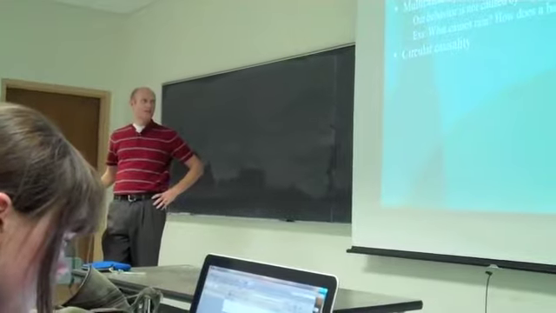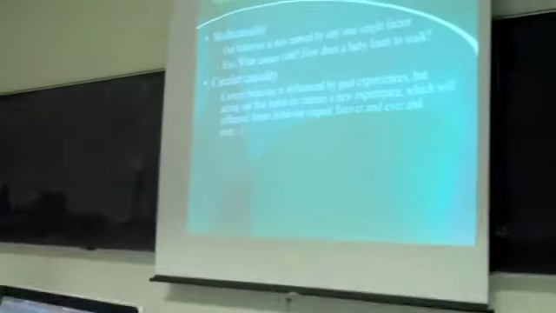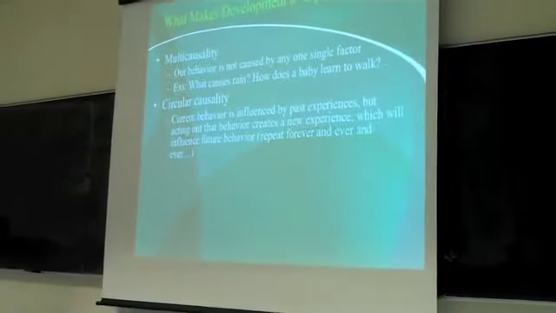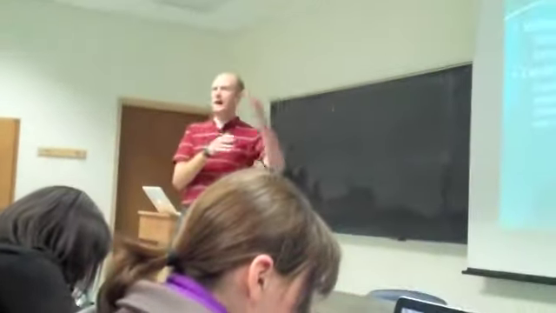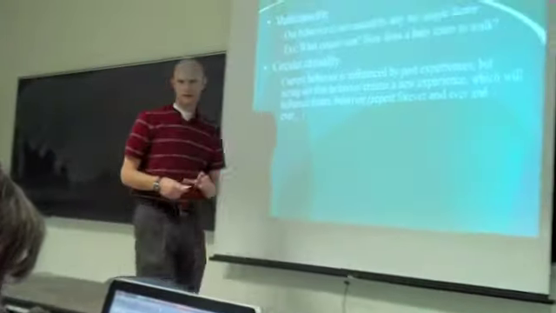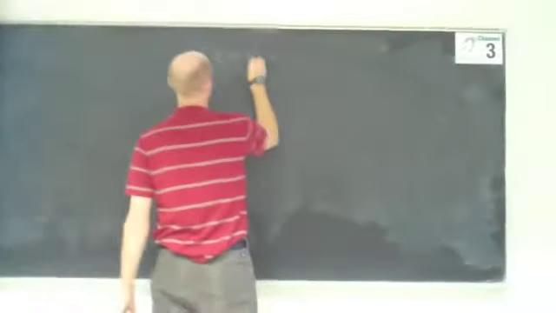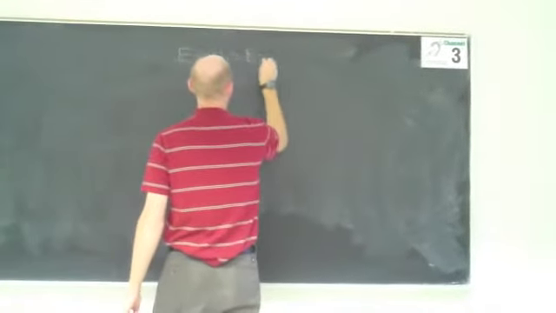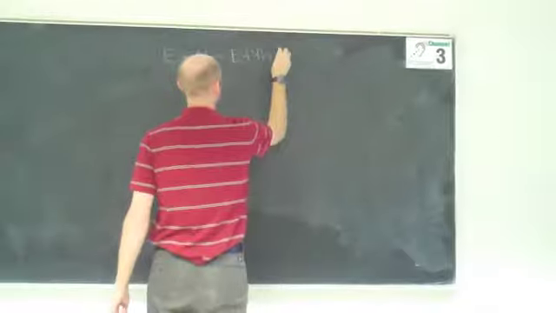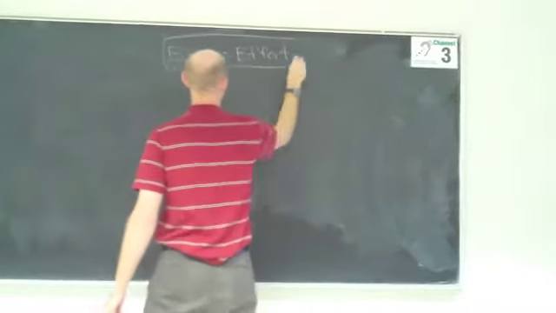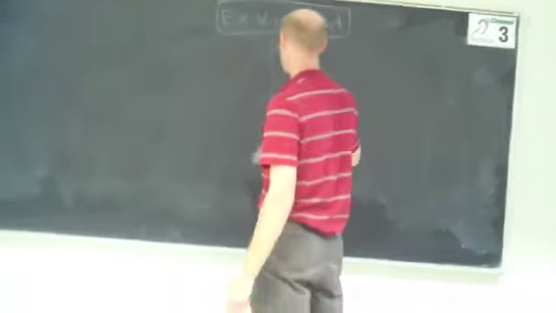And this also leads to the idea of circular causality. And this is the idea that everything you do now has been predicated by things that happened in the past. So a good example of this is to go back to the expectancy times value theory.